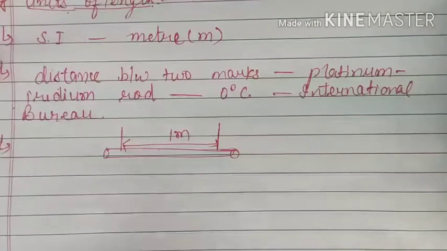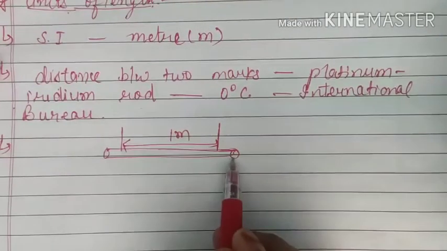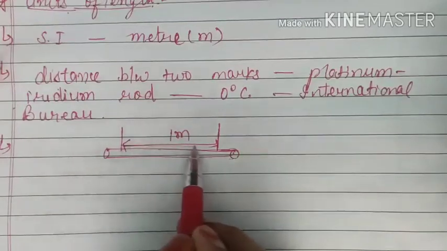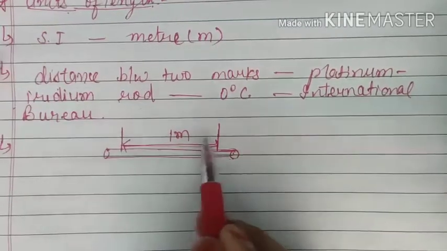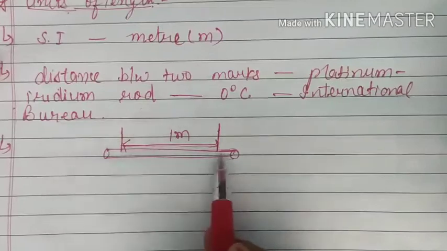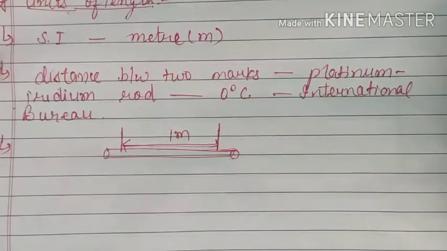That means with the help of this rod, if we make meter scales equal to the length between both these marks, then that meter scale will have a length of 1 meter. Then we can make copies of that 1 meter scale and use them.